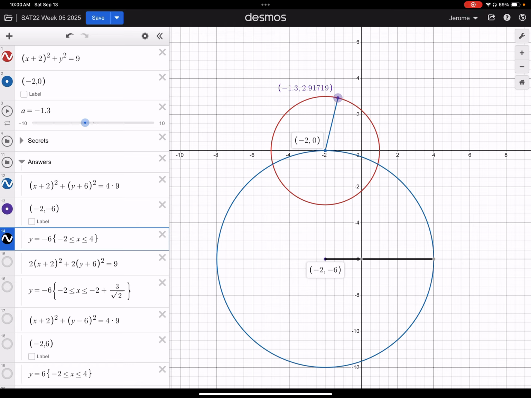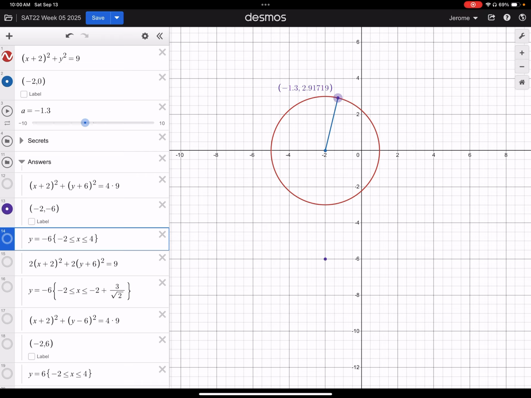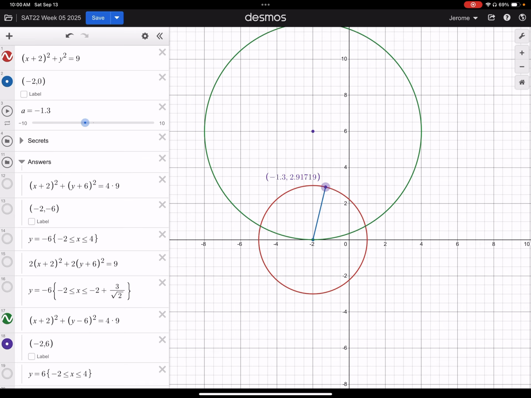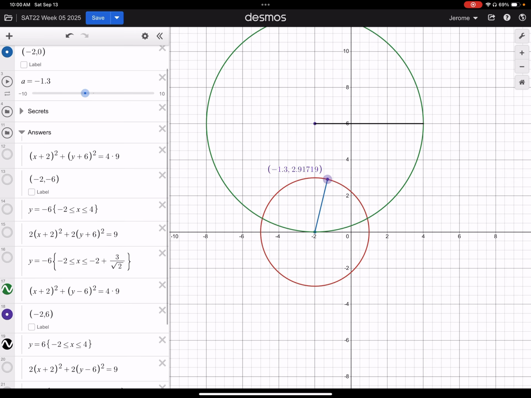But just for comparison's sake, I'll show you the other ones. I'll turn these off. I'll keep the same center point because answer choice B also had the exact same center point. So it at least checked that off, as the center of the circle is in the right place. But we can see here that the radius actually shrank down and did not get 2 times bigger. So that one was off limits. Then here we have answer choice C with its center, and let's put our radius in here.